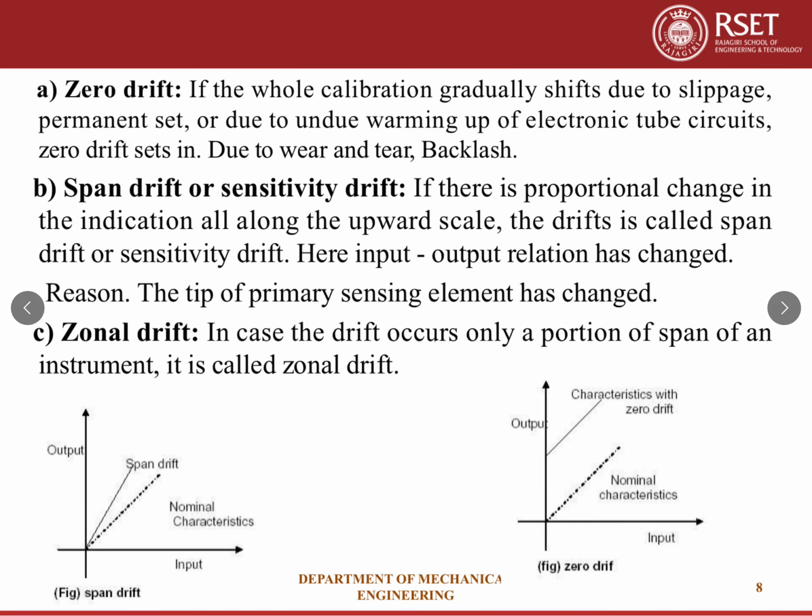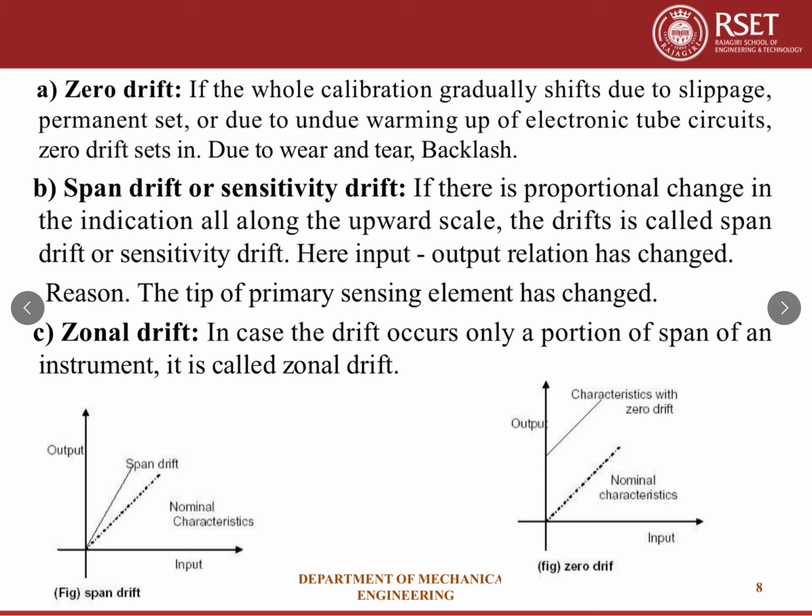The first one is zero drift. The instrument is giving an output when the input is zero. The needle is not coinciding with zero when the input is zero. So the input is zero, and you're getting some value, say 5 volt. That is zero drift.